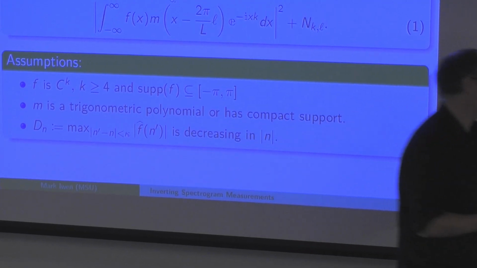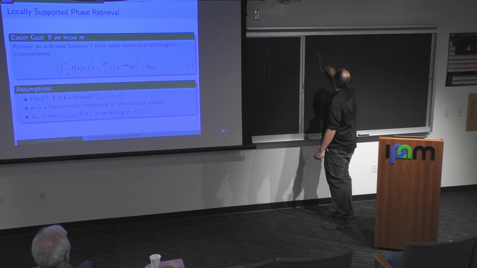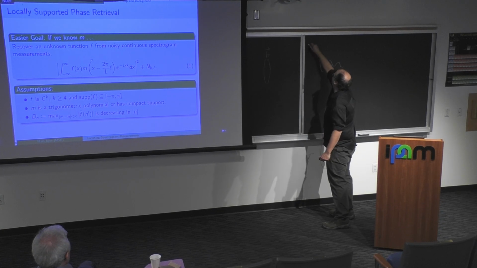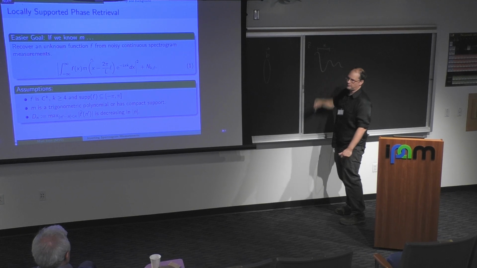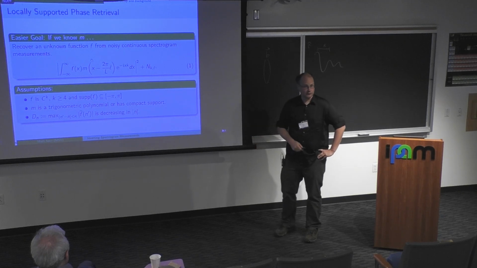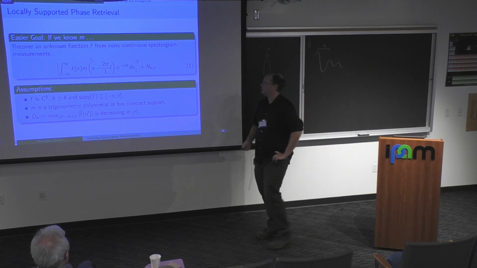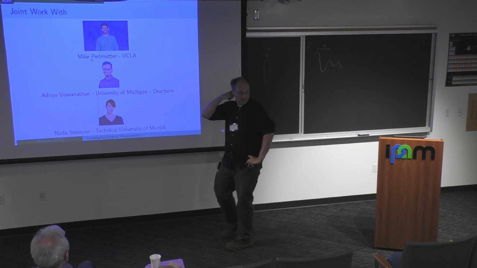So what does that mean? That means in Fourier space, I want f hat to look something like this, where the distance between these peaks is always less than kappa. So you can change kappa as you need. It's a reasonable assumption, I think, especially for continuous functions, that this would be something you could hope for.